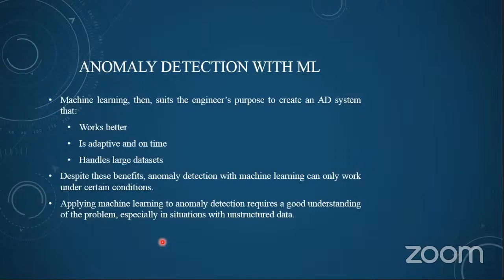So what's the limitation? Applying machine learning to anomaly detection requires a good understanding of the problem, especially in situations with unstructured data. The person developing the machine learning model should know what anomaly detection model he needs to create from the data being given.